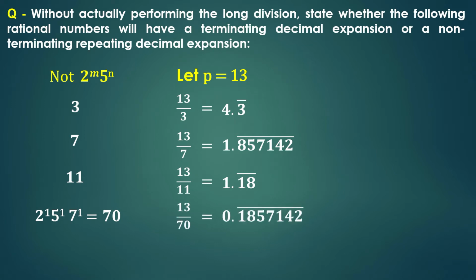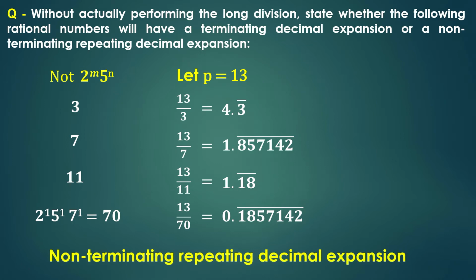And 13 by 70 gives 0.1857142, which is a non-terminating repeating decimal expansion. So we can see that whenever 13 is divided by any number which is not of the form 2 to the power m into 5 to the power n, it always gives a non-terminating repeating decimal expansion.